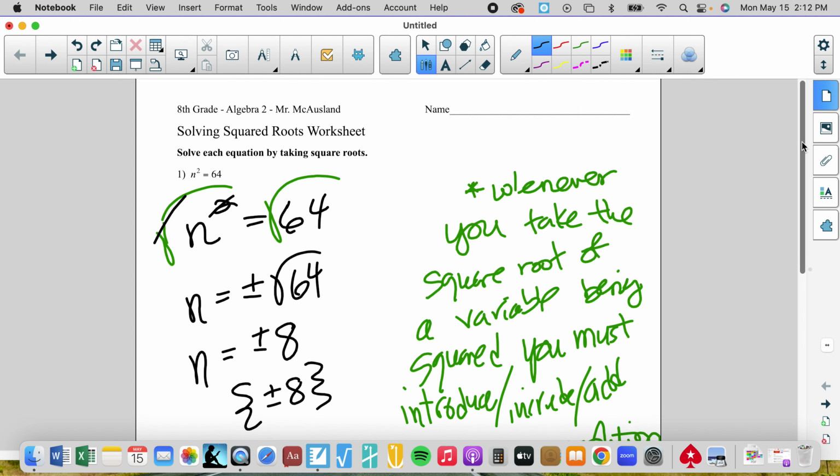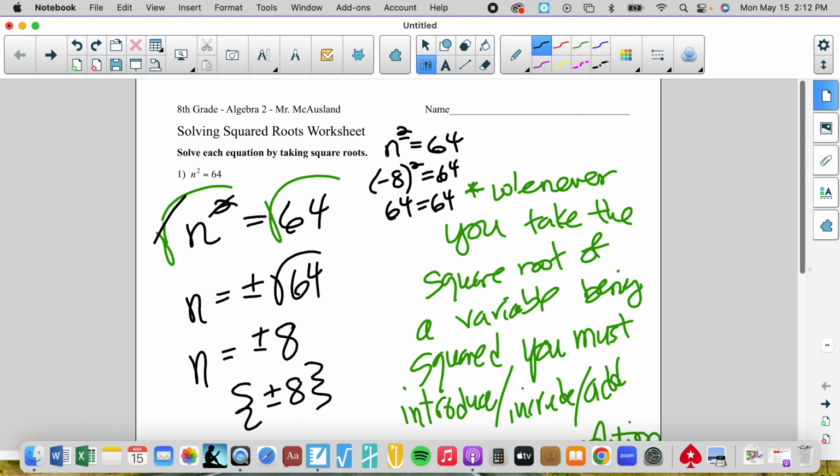The reason for the plus or minus is this: if n squared equals 64 and we plug in negative 8, negative 8 times negative 8 gives me 64. So that's a solution.